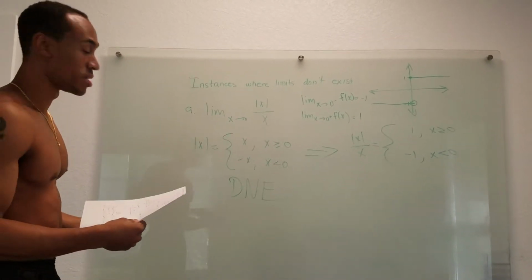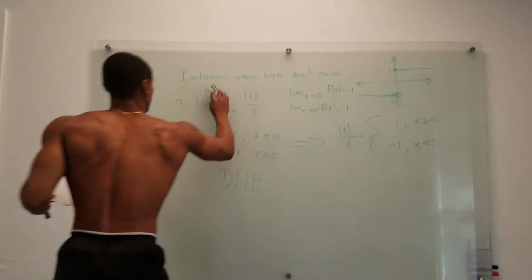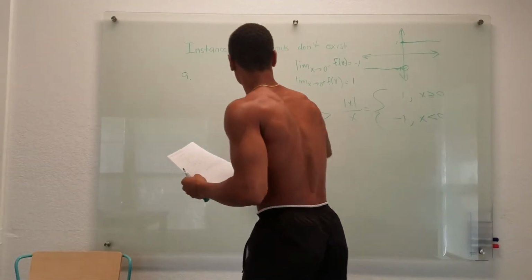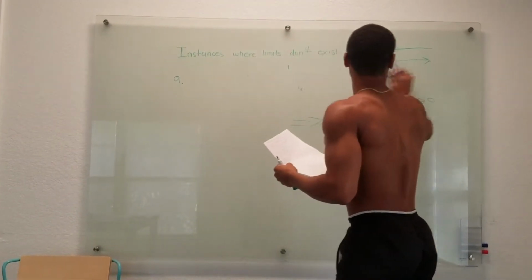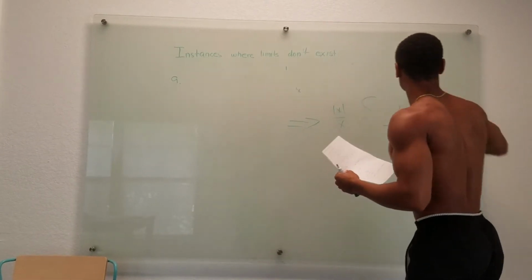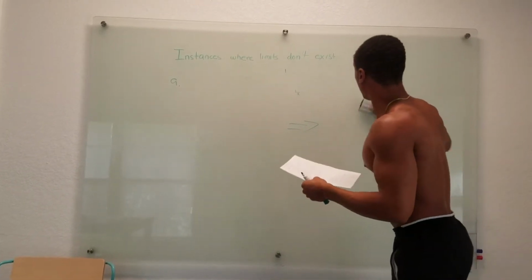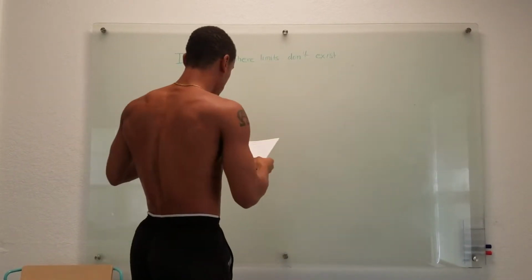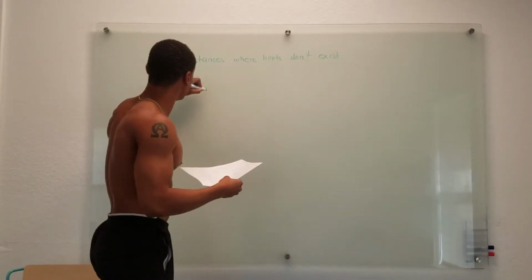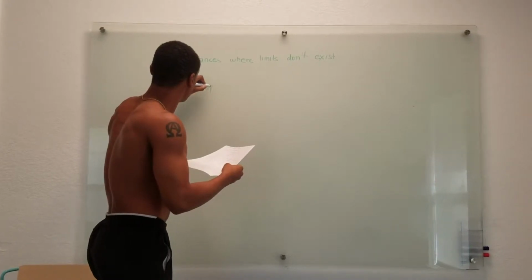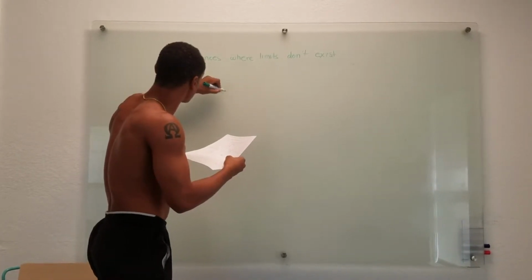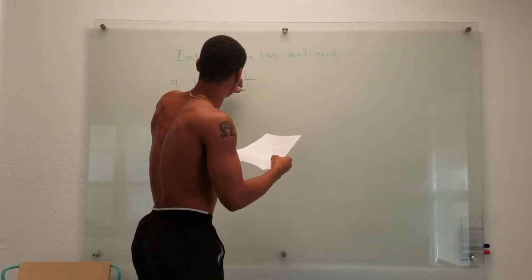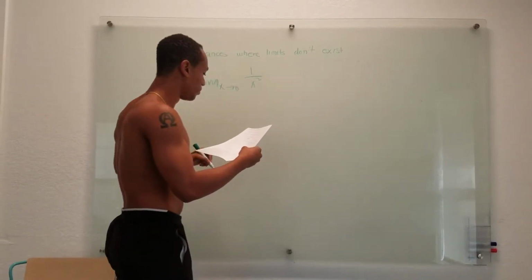Okay, let me do another example. Next example: the limit as x approaches 0 of 1 over x squared.